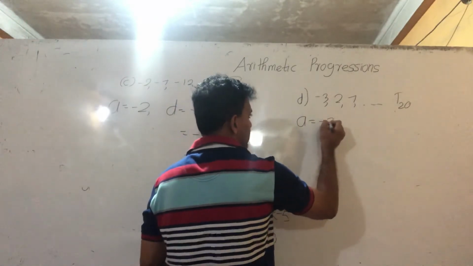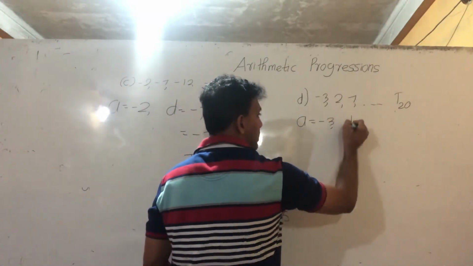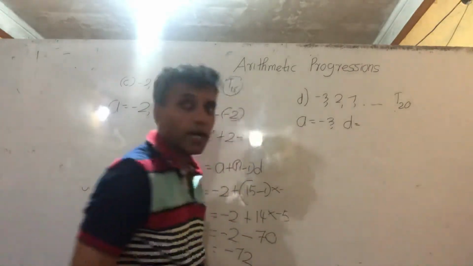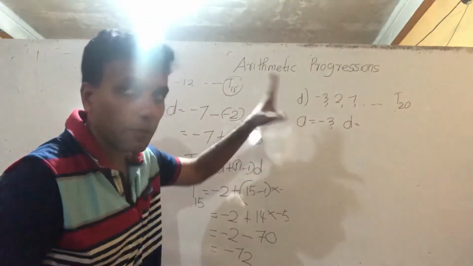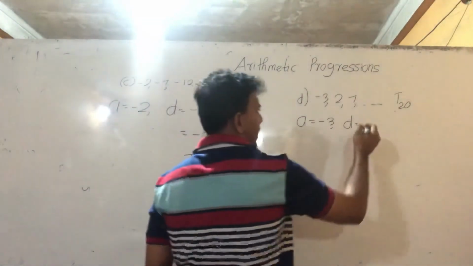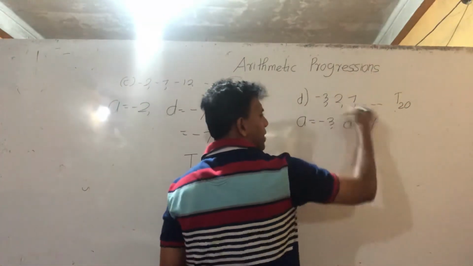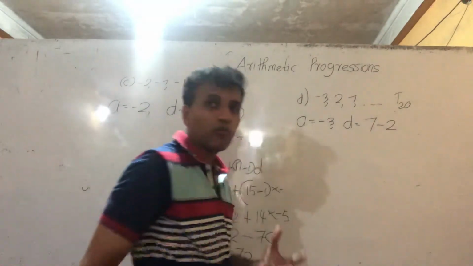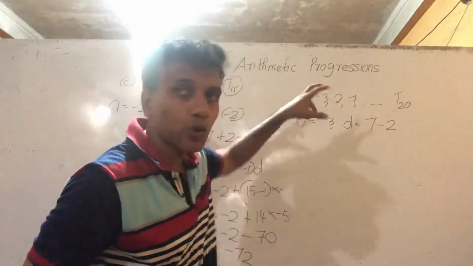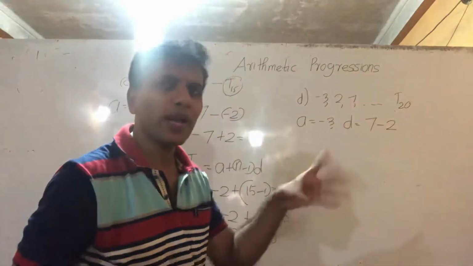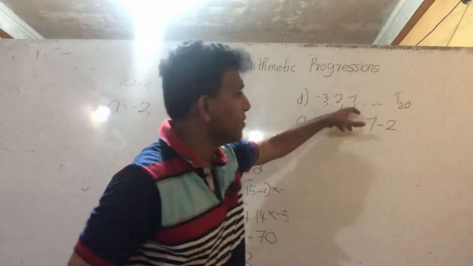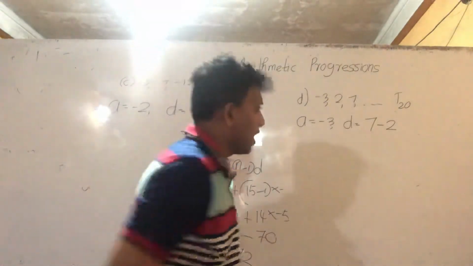Common difference, successive subtract. Then I take the 7, subtract 2. That's easy, no? If you're feeling it is difficult, subtract 2 and minus 3, you avoid that, neglect that. Take 7 and 2, subtract. Simple. Answer is 5.